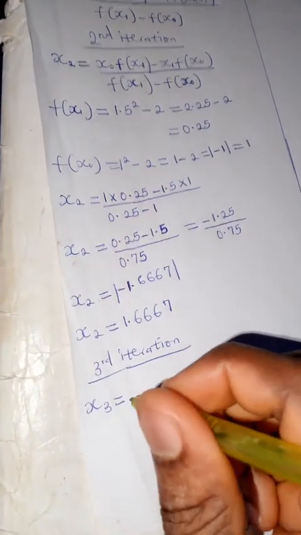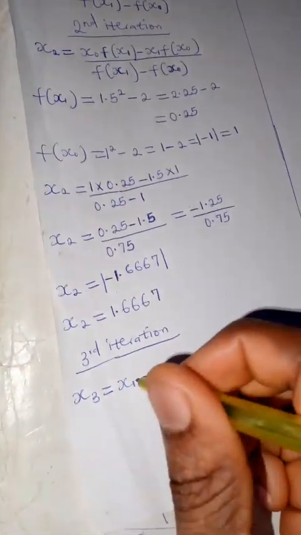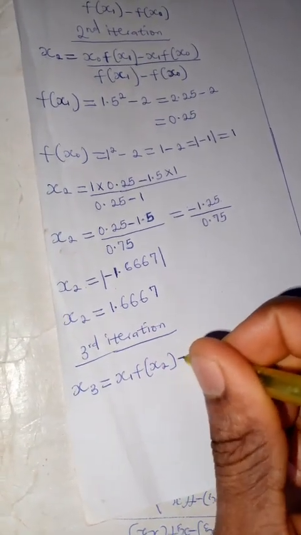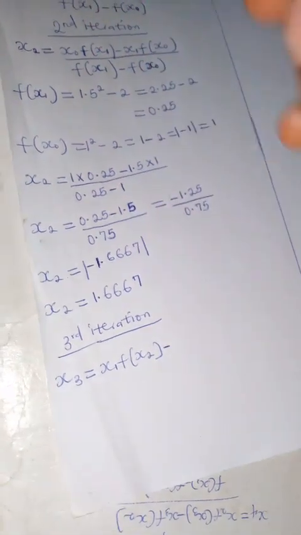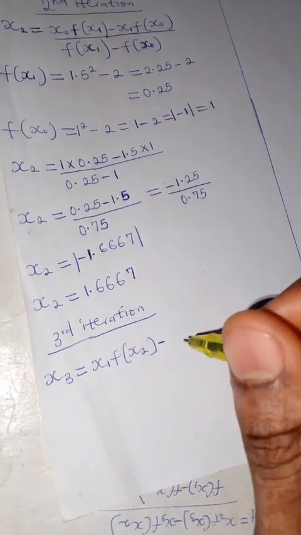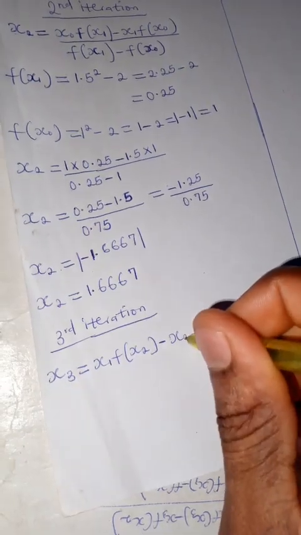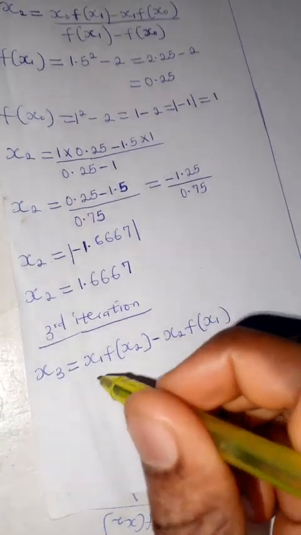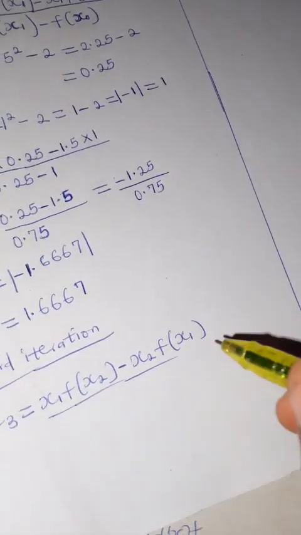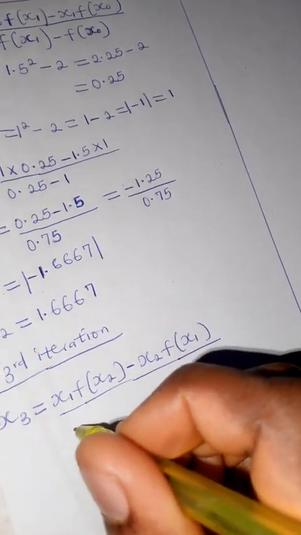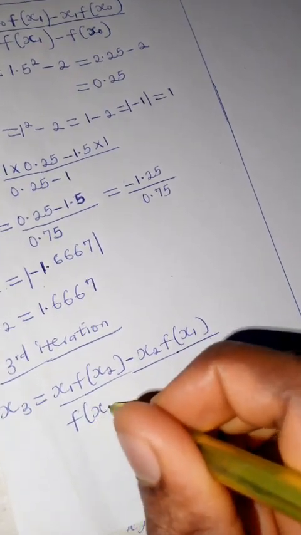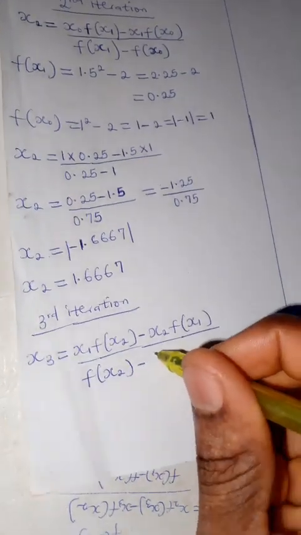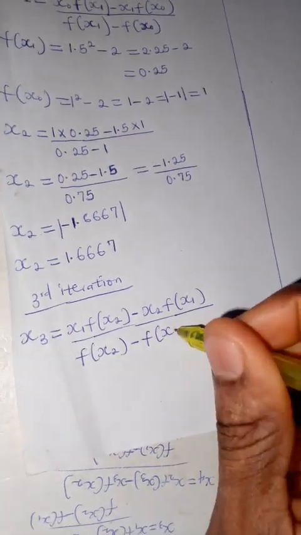So here we are going to have x1 f of x2 minus x2 f of x1 over f of x2 minus f of x1.